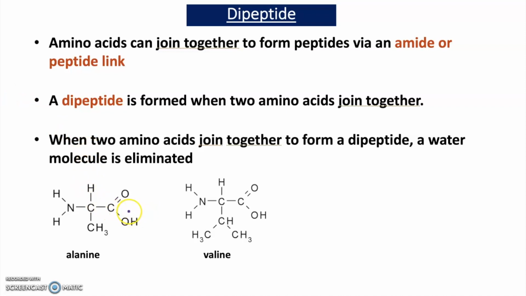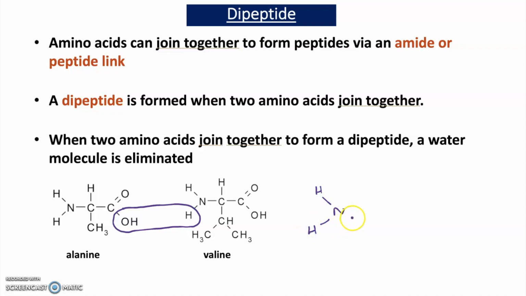The way it works is that the OH from the carboxylic acid group here is going to join with the H from the NH2 group of the second amino acid, and we're going to form water, and that's going to be eliminated. And then I'm just going to draw the resulting dipeptide.